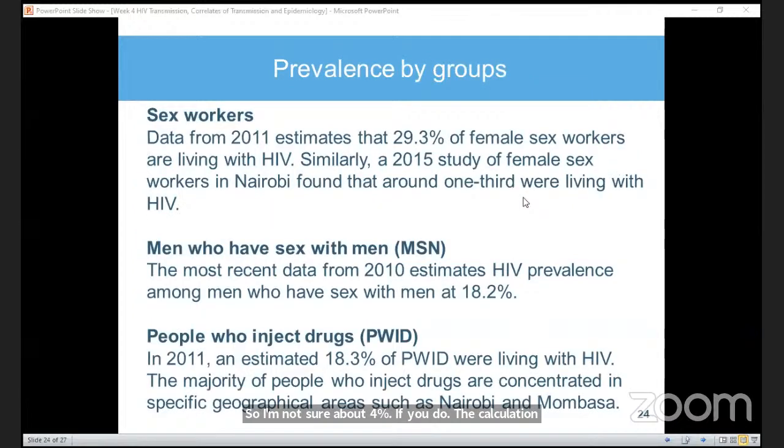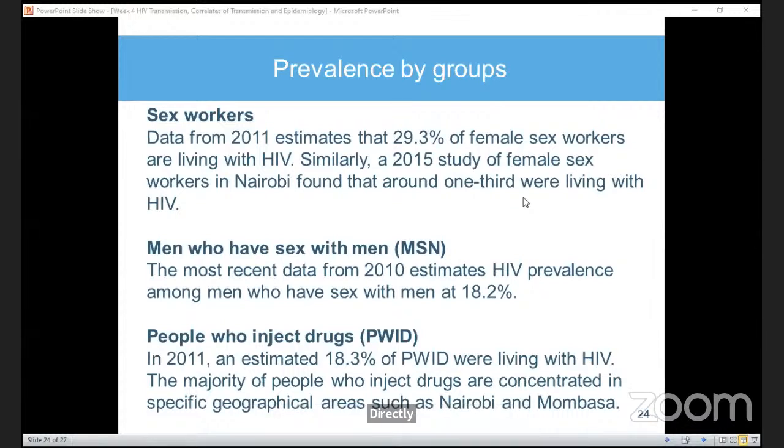Then we have the prevalence by groups. Of course, the years you're going to see here are specific times when this data was given out, but it's a replication of what happens even today. Little has changed, if any. It can only get worse.